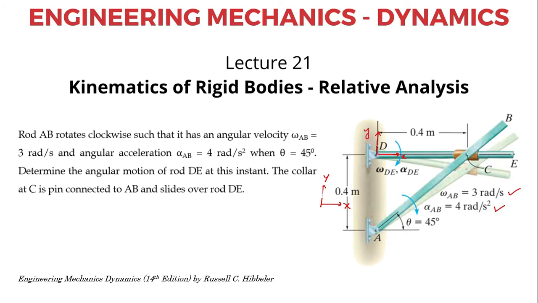Now this small xy is embedded within DE and it will undergo an angular velocity omega DE and an angular acceleration alpha DE. So the question is to find omega DE and alpha DE.